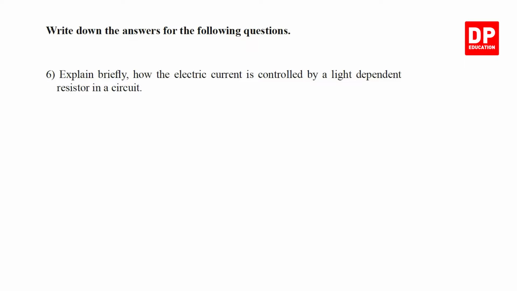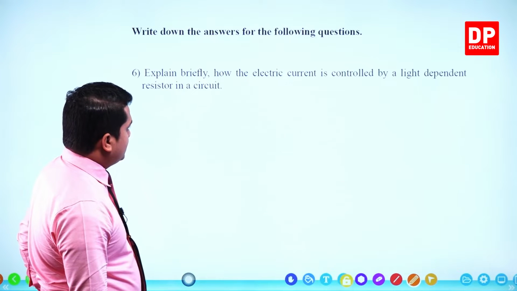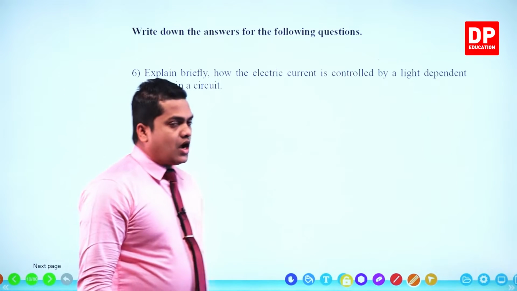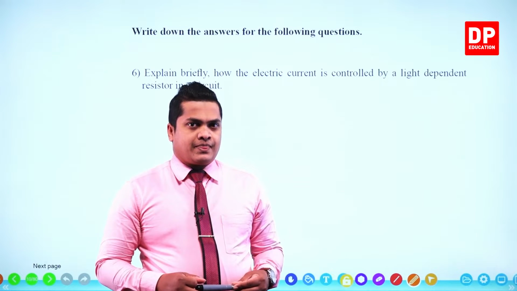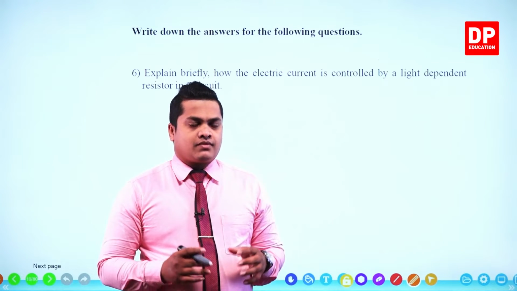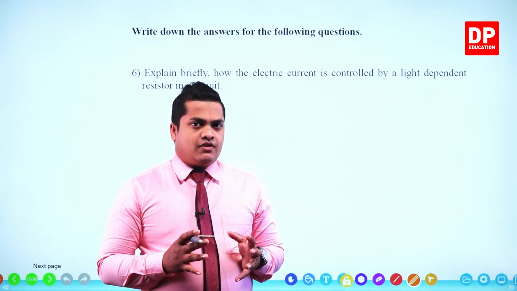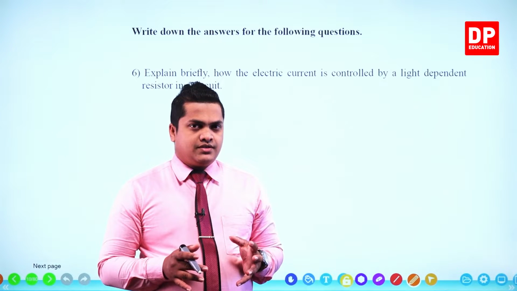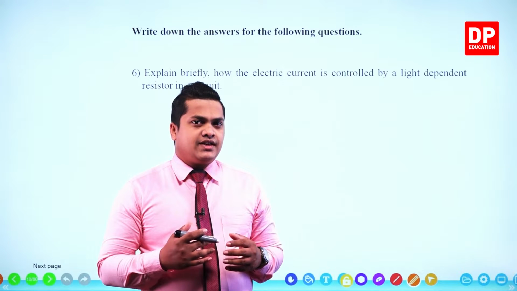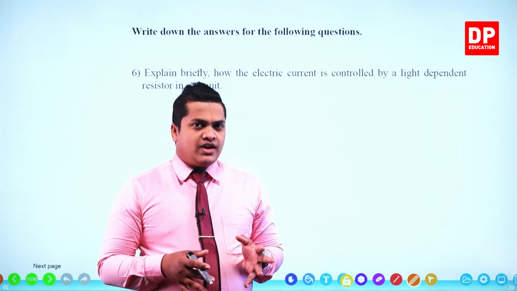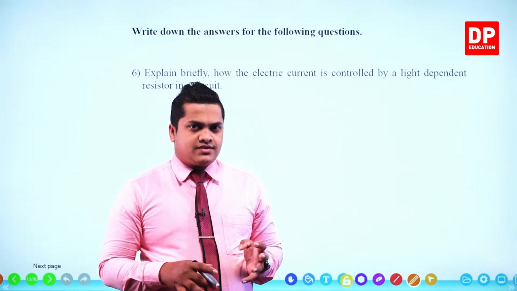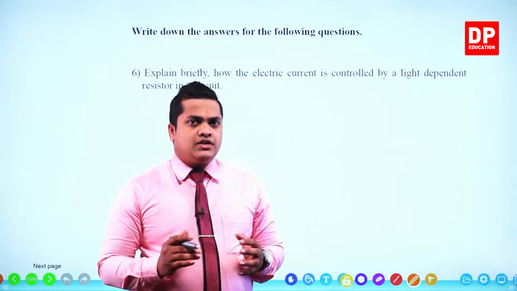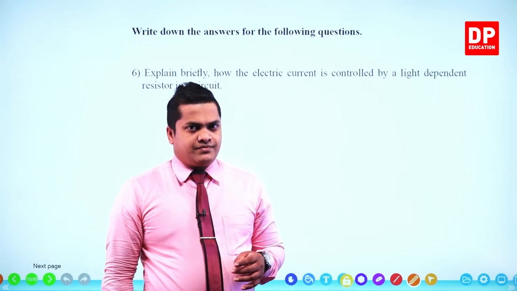Explain briefly how the electric current is controlled by a light dependent resistor in a circuit. So how is the light dependent resistor going to work? It's like this. When light falls onto the resistor, the intensity of the light is increased. Due to that, resistance is reduced. Upon reduction of resistance, current flow through the circuit is increased.